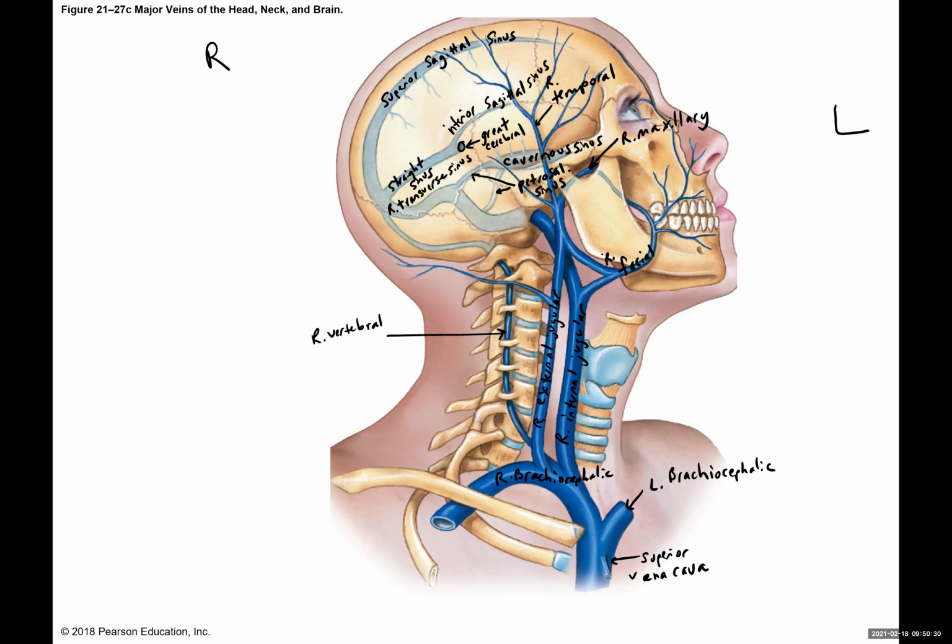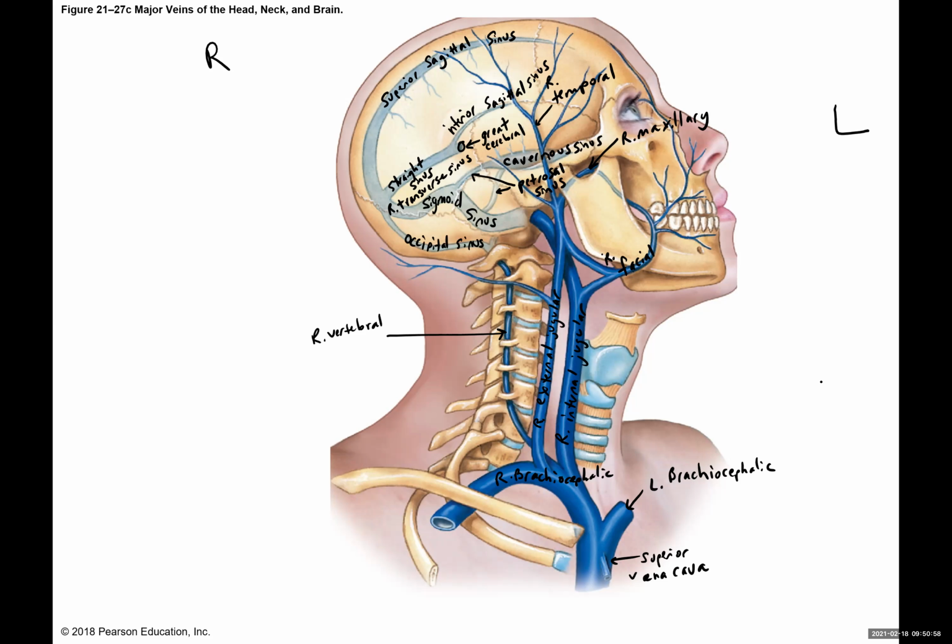The right transverse sinus are all feeding into what's called the sigmoid. This term sigmoid means S-shaped sinus. We will see also down in this region the occipital sinus, which we can see clearly feeding into the right vertebral vein.